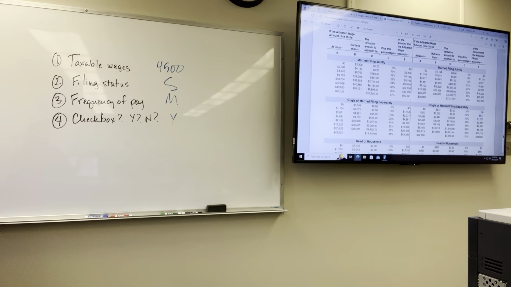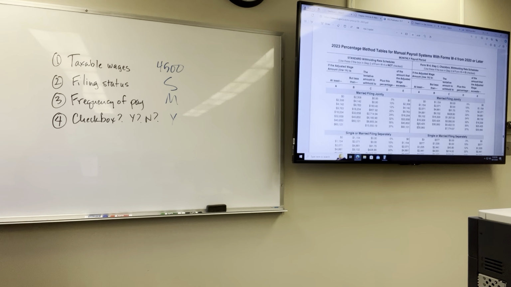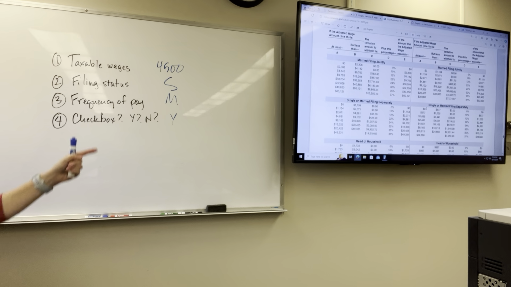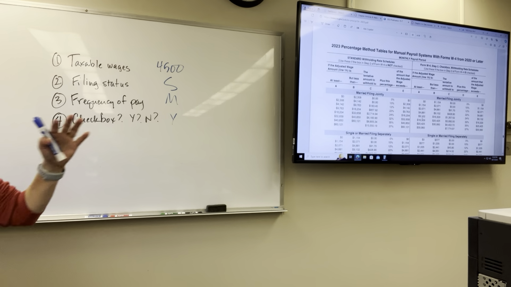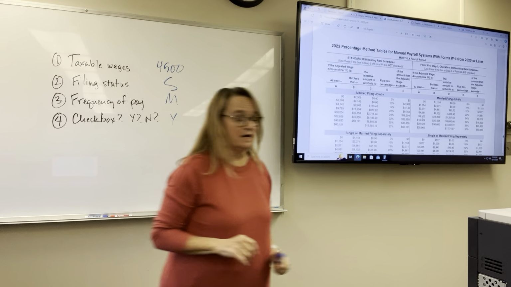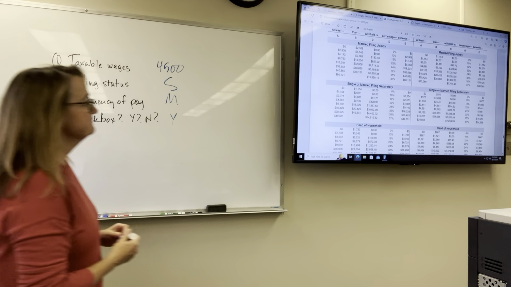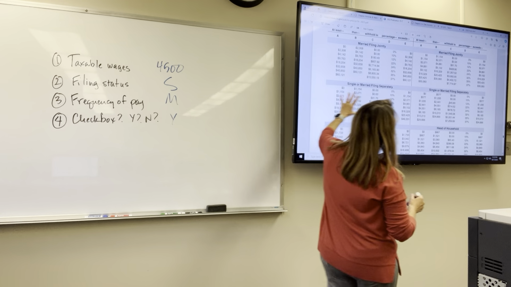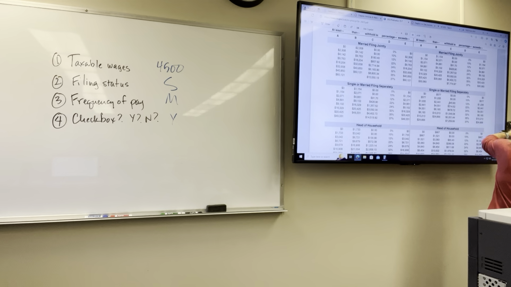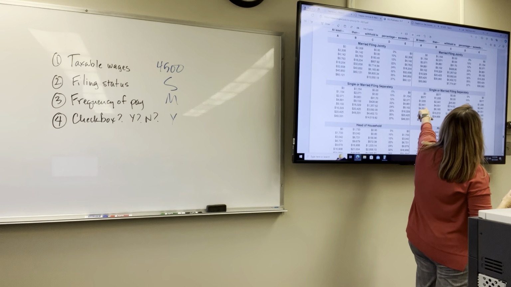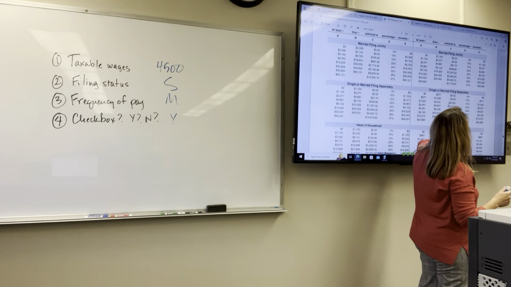Since these tables are up, first we'll use the percentage method. So, monthly, we've got the right table. Single, again, yes check mark. So that means we're gonna use the tables on the right-hand side instead of the left. All right, so 4,500, so here's the table that we're gonna use. 4,500 is at least 2,441, but not more than 2,551.